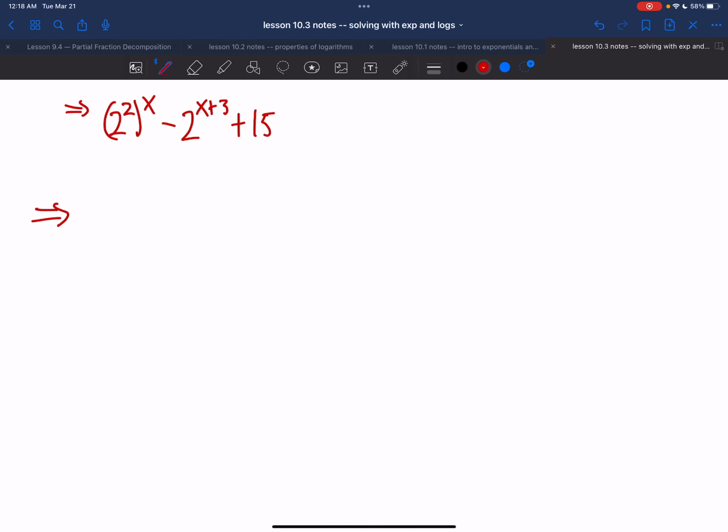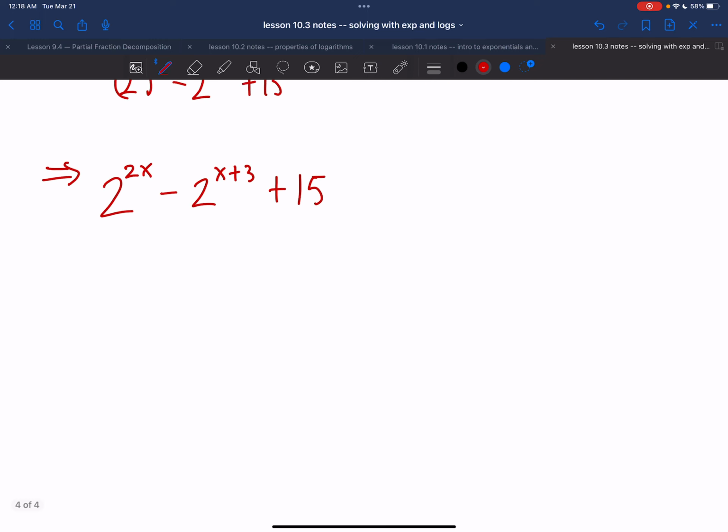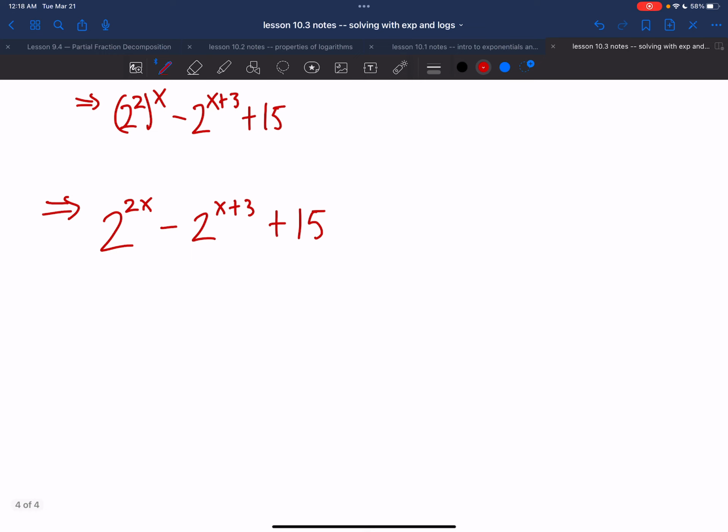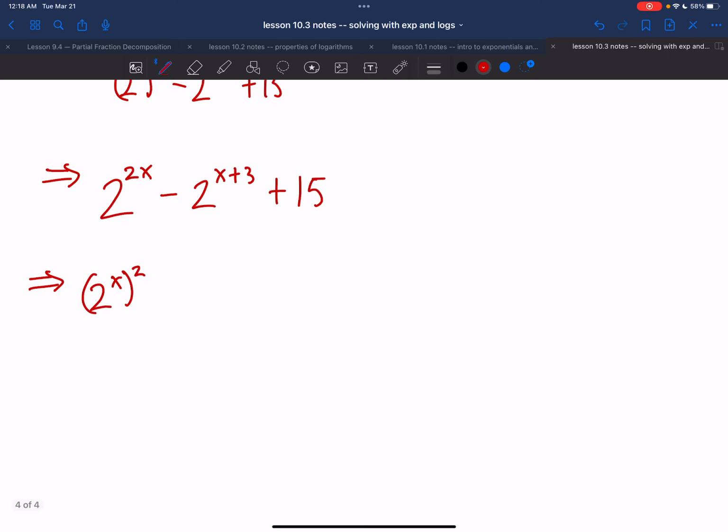And if I use the power rule for exponentials, I multiply those. It's 2 to the 2x minus 2 to the x plus 3 plus 15. And actually, a couple of other things here. If it's 2 squared to the x, you can also rewrite this as 2 to the x, squared. Okay? And then I'm going to say this is minus.